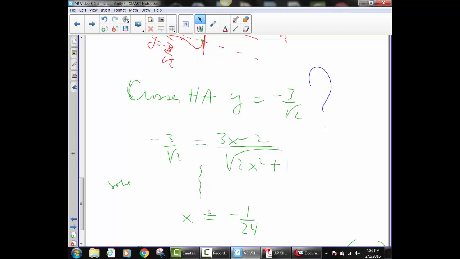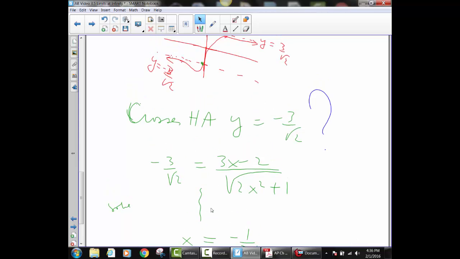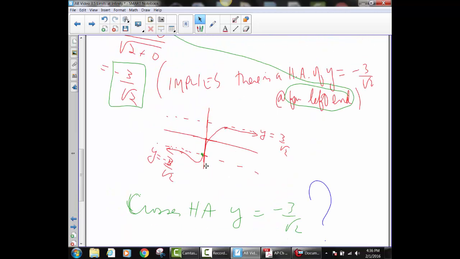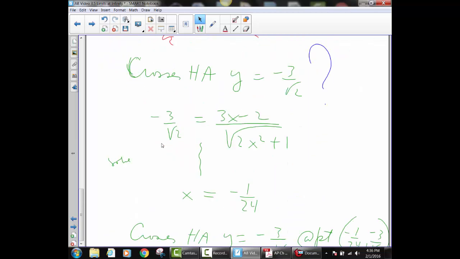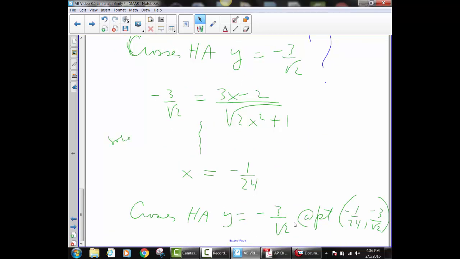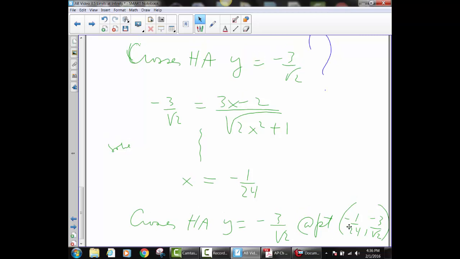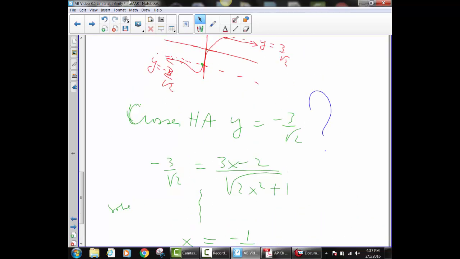It so happens in this particular case that you do get a solution, and that x is equal to negative 1 over 24. So there is actually a spot where this graph is going to cross over this horizontal asymptote, but at the far left end it's going to have to approach it. As far as the y coordinate, you would plug that negative 1 over 24 into the original function, which was this.